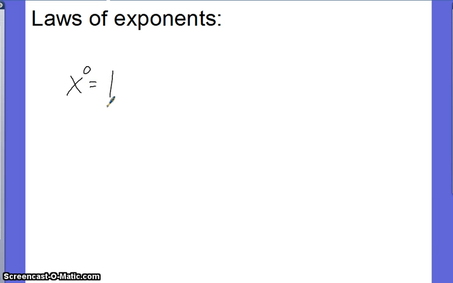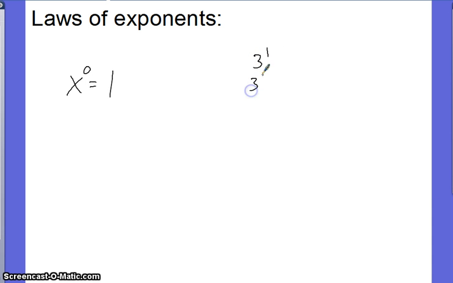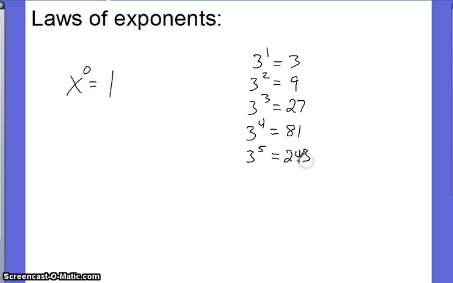So if we were to look at the pattern, let's do this with numbers, right? So say I have 3 to the 1st, 3 squared, 3 to the 3rd, 3 to the 4th, 3 to the 5th. 3 to the 1st is 3, 3 squared is 9, 27, 81, 243.